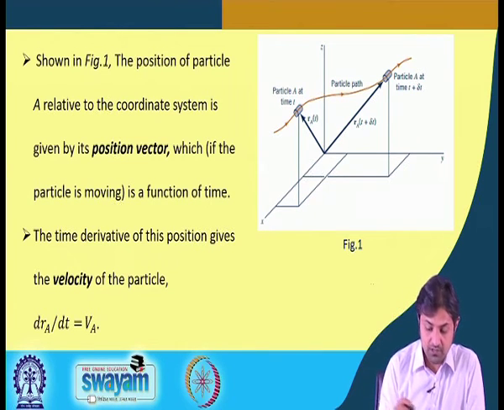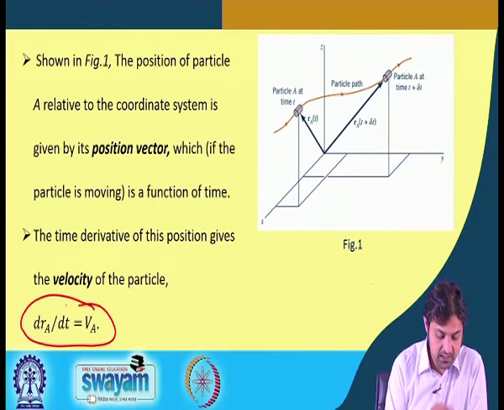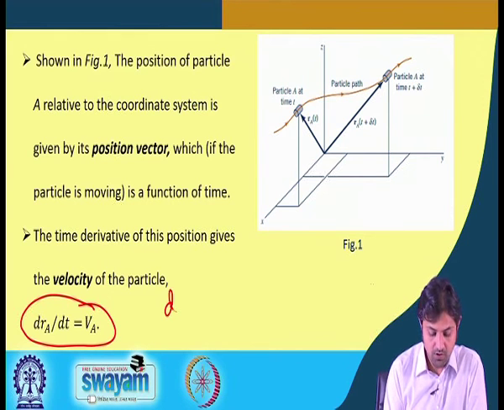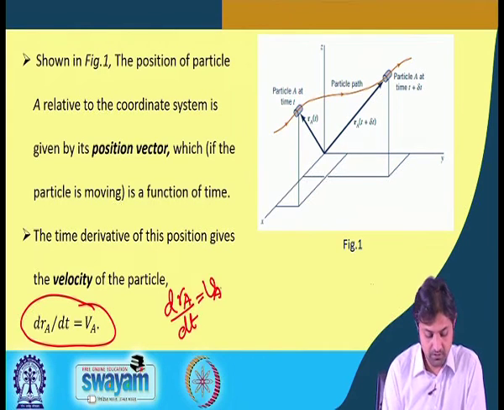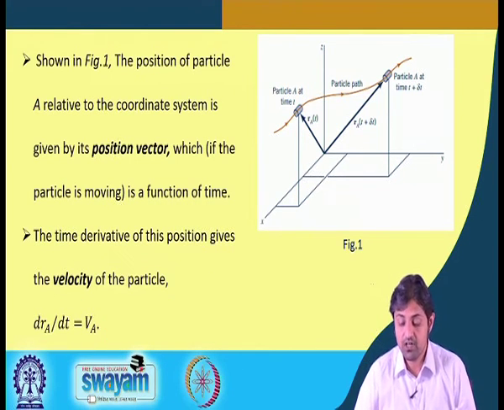So the time derivative of r_A is given by dr_A/dt equal to V_A, the velocity at point A, which is the same thing I have written, and which is given on the slide as well.